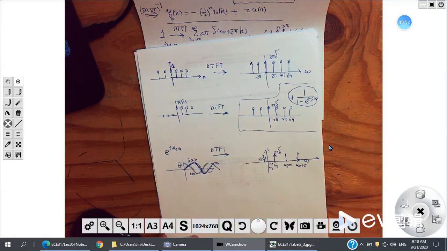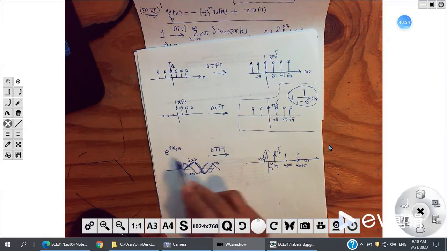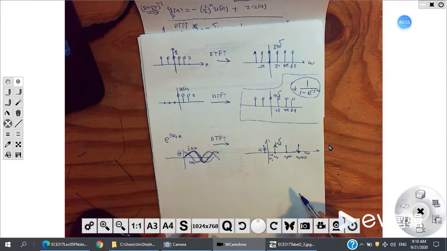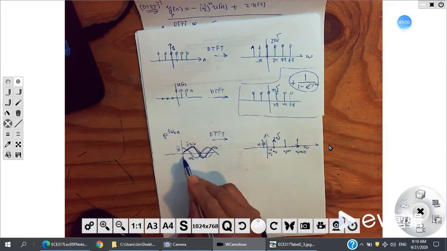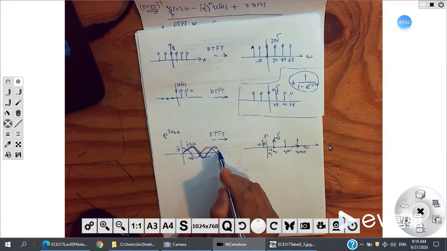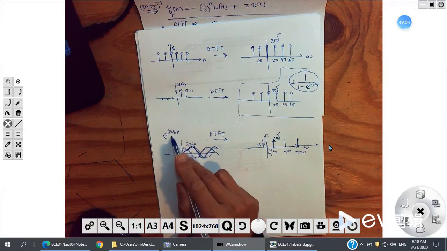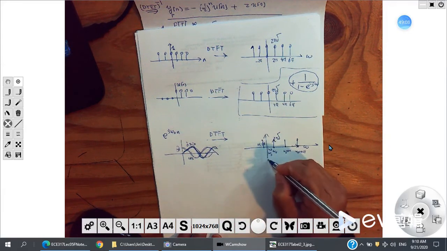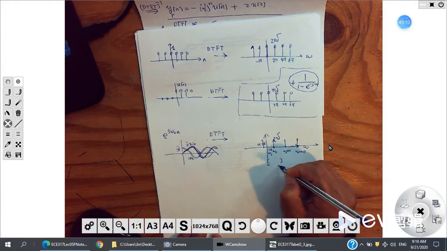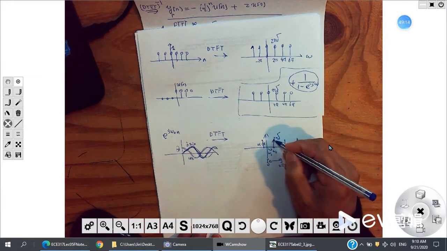So this is e to the j omega n, and omega 0 is the frequency of it. If you just look at the period from 0 to 2 pi, you only have 1 impulse.